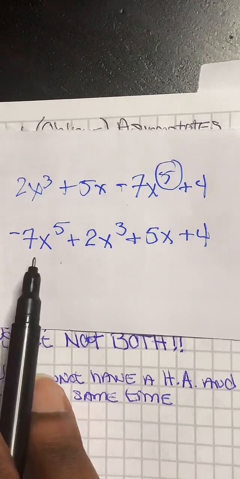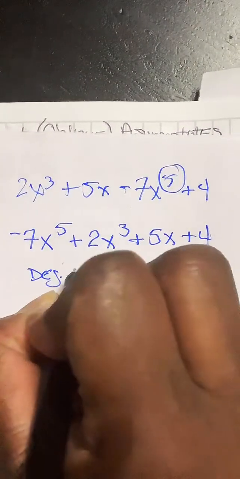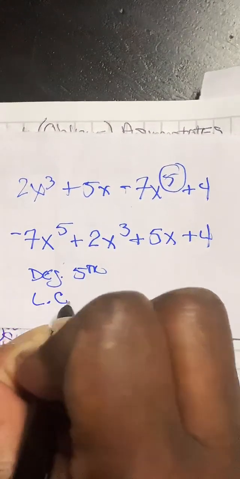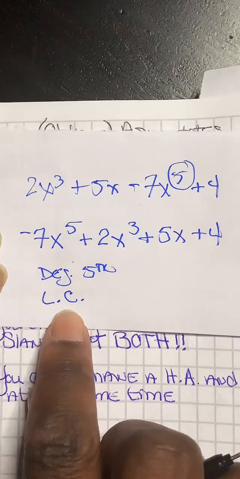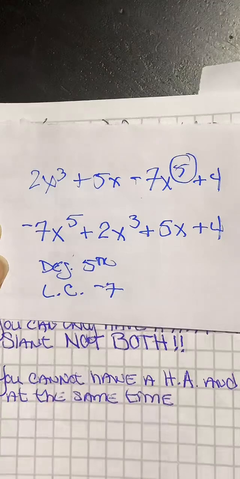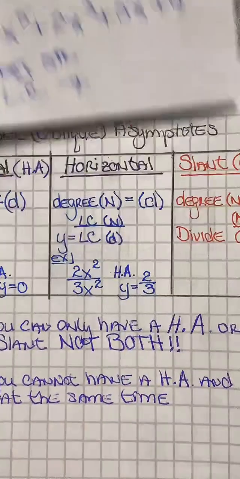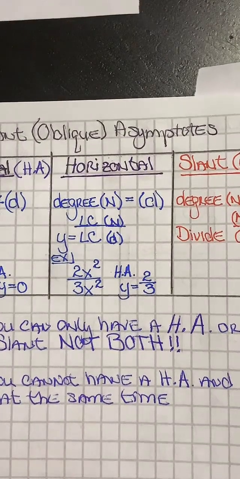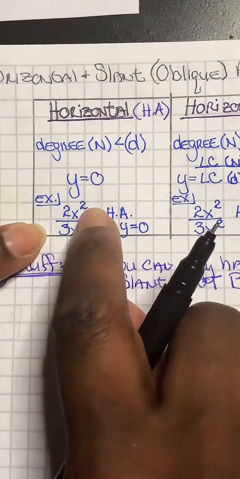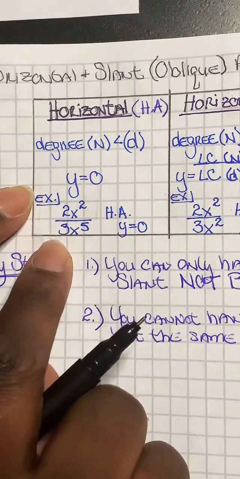Obviously, I just threw it together. So my highest degree is to the fifth power. And my leading coefficient, that's what I'm using LC for, is -7. So the way that we can tell the horizontal asymptotes is when you're looking at your highest degrees and your leading coefficients.